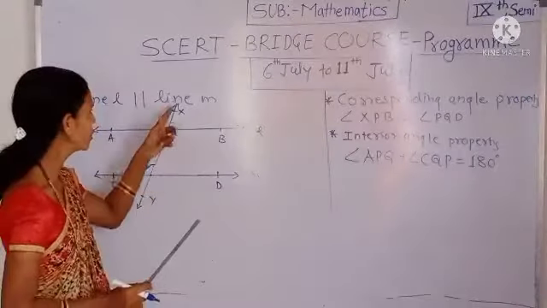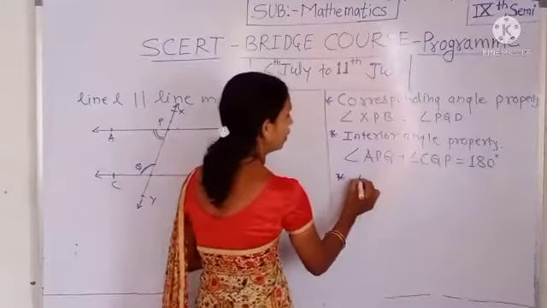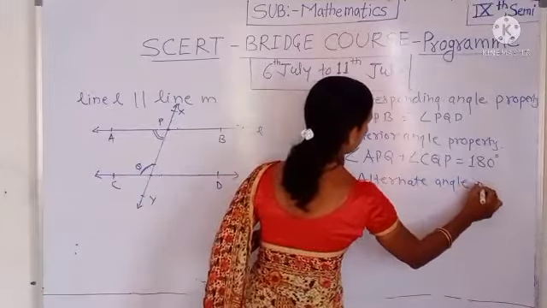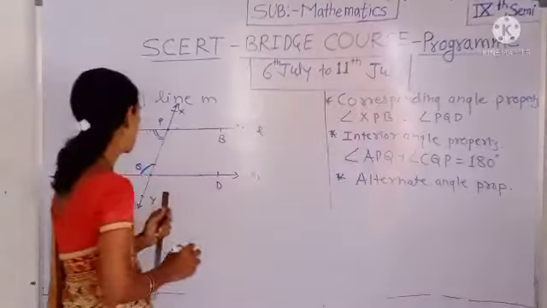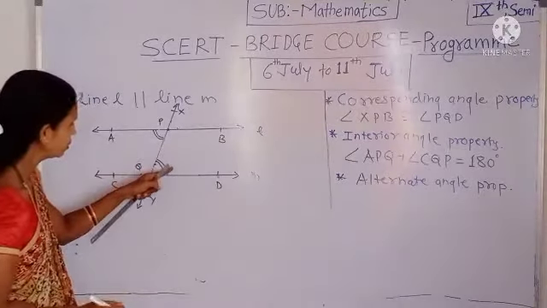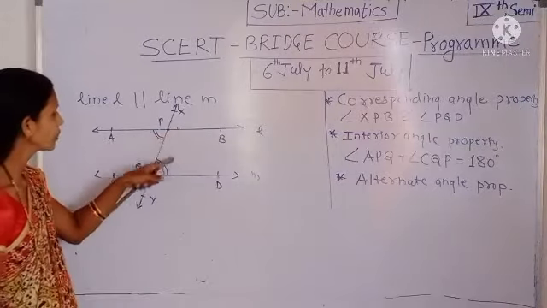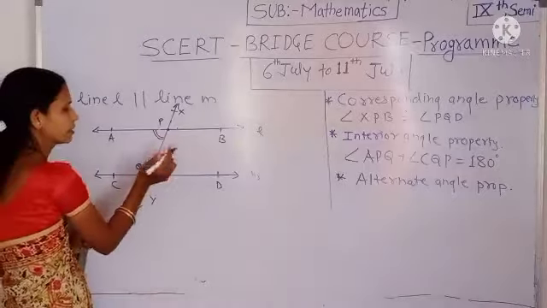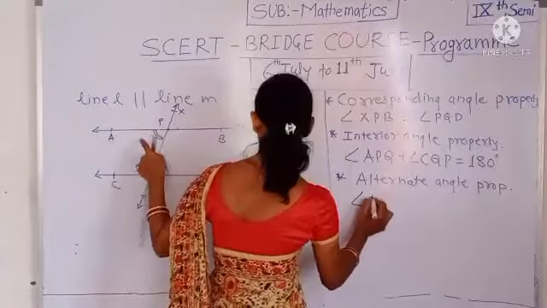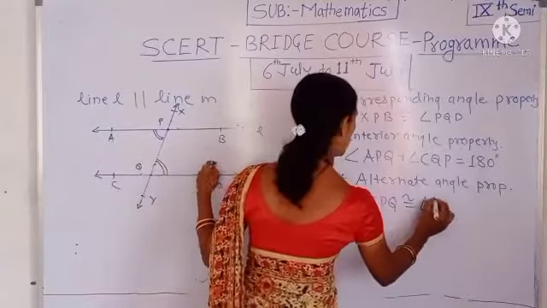Interior angles are supplementary when a transversal intersects two parallel lines. Then the alternate angle property. The alternate angles formed when a transversal intersects two different parallel lines are congruent. Therefore angle APQ is congruent to angle PQD.